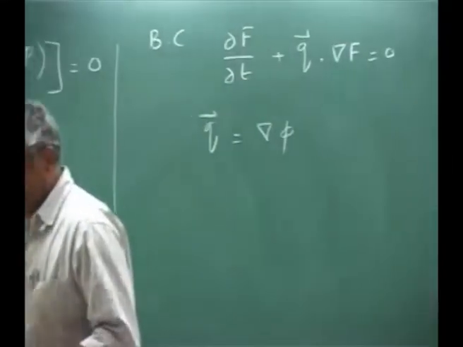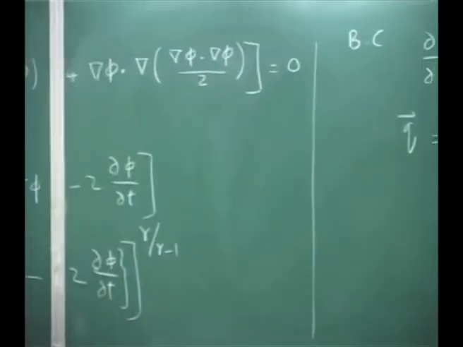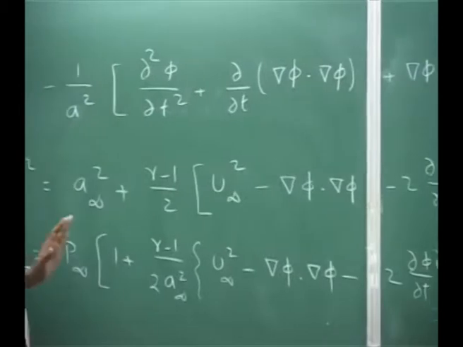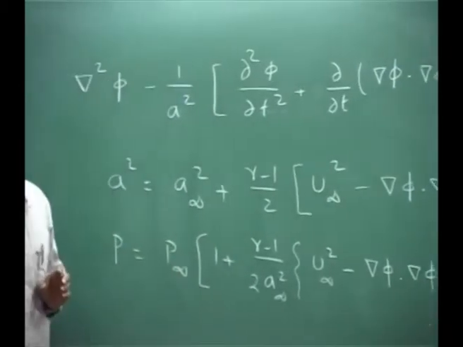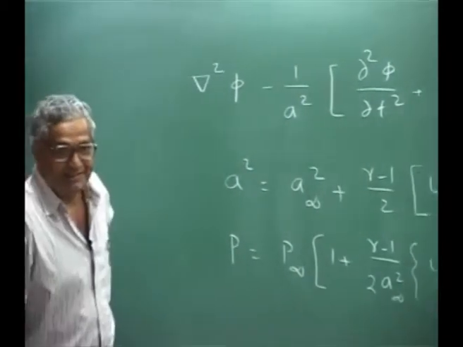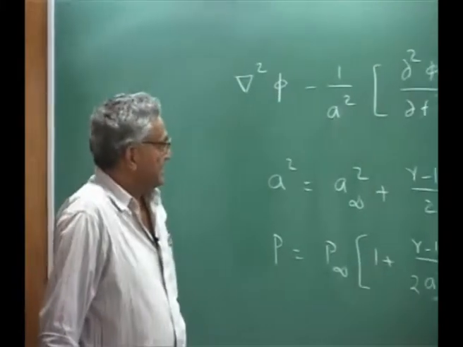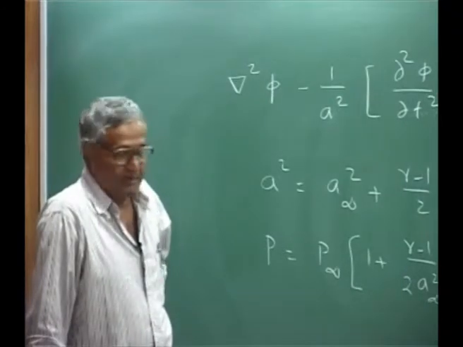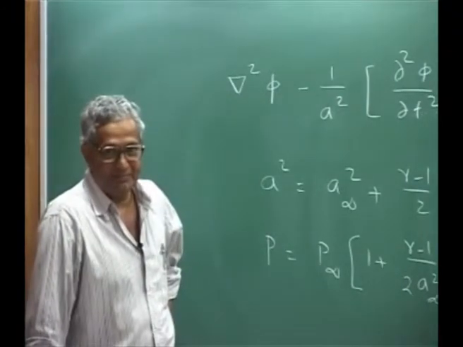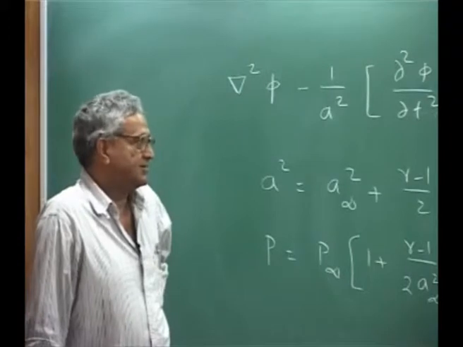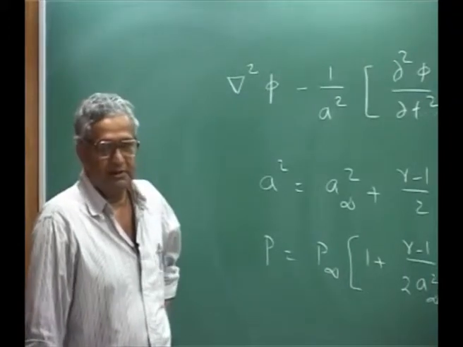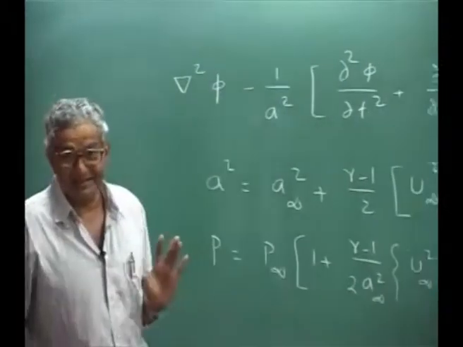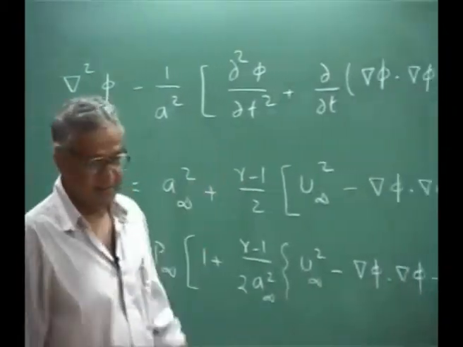Okay. Now, this is our exact nonlinear potential equation. The kind of problems which we have to deal with in aeroelasticity make a simplification to this entire set of equations.